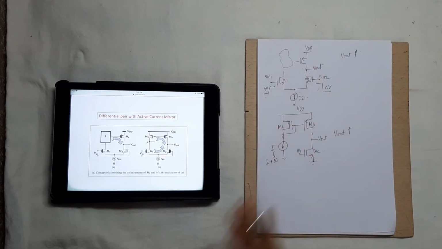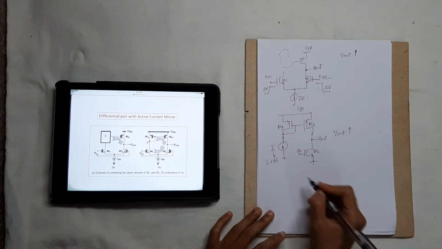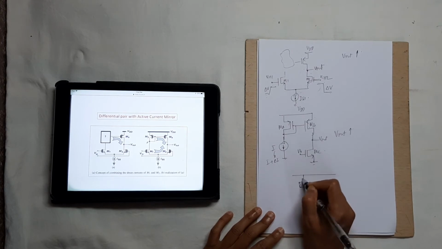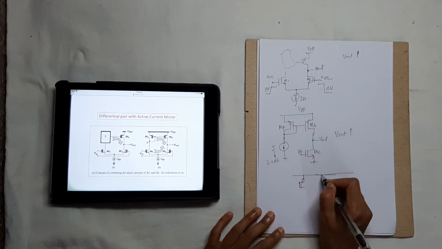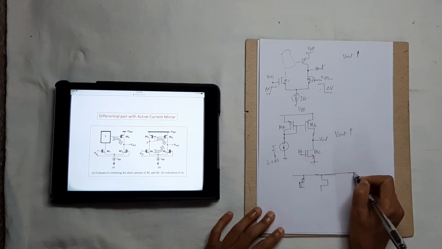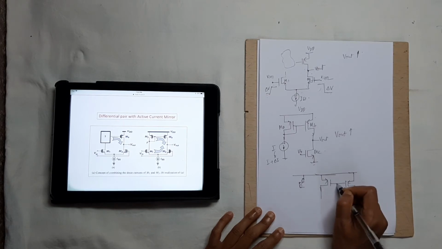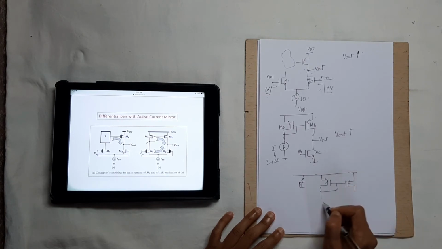Now using these two circuits, we will look into the overall circuit. The overall circuit is nothing but the differential amplifier. Let me draw it properly. It is the differential amplifier with the PMOS current mirror as a load.